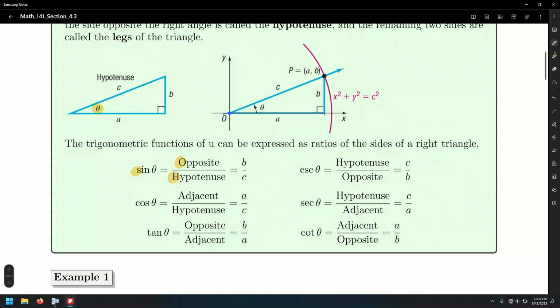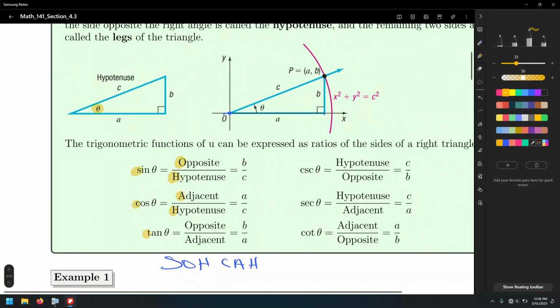SOH, that's the SO, then CAH, that's the CA, and then TOA, that's the TOA. So if you ever wonder where SOHCAHTOA came from, that's where. Sine equals opposite over hypotenuse, cosine equals adjacent over hypotenuse, and tangent equals opposite over adjacent.